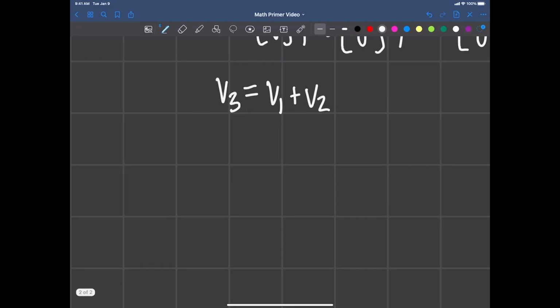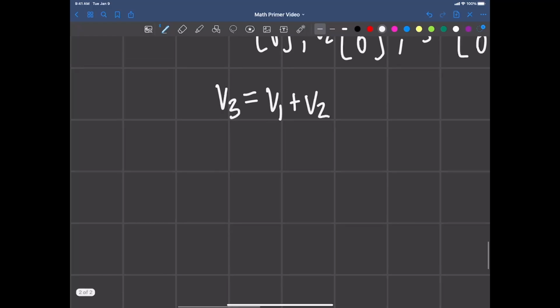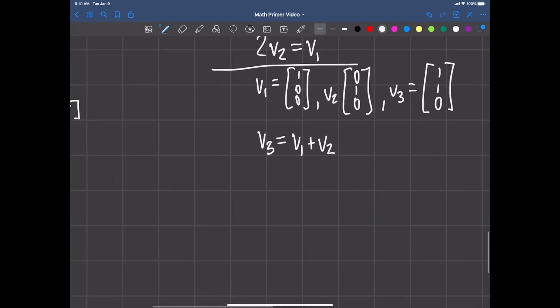Another criterion is that a set of vectors is linearly dependent if and only if one of the vectors is in the span of another one. Any such vector may be removed without affecting the span. So what is a span?